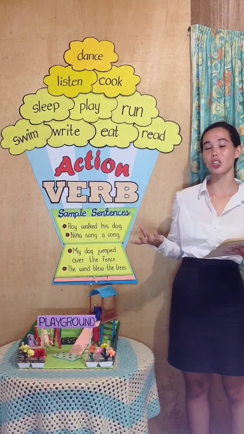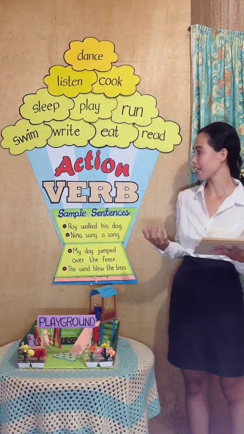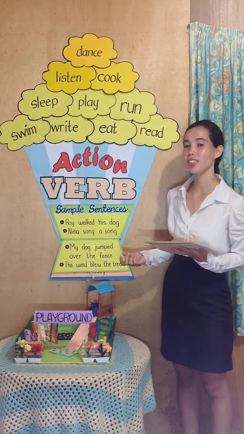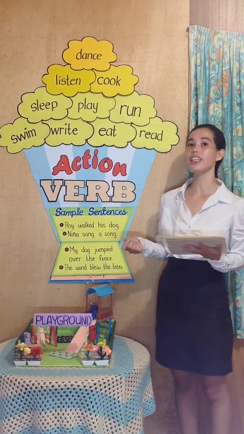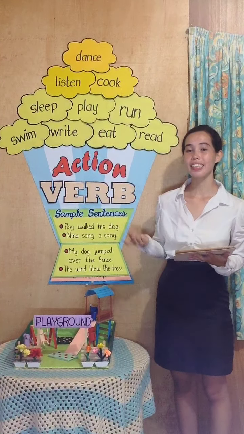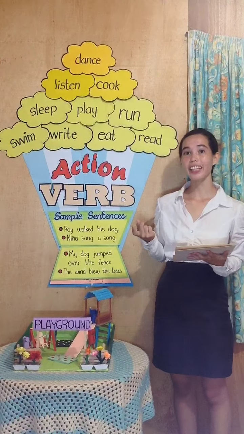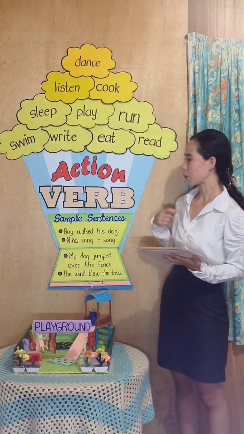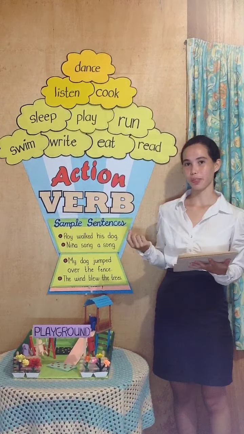Physical actions involve our physical movements or our body. And for mental actions, we use our brains to perform. The examples are memorize, think, calculate, evaluate, and consider. So I guess that's all about action verbs.